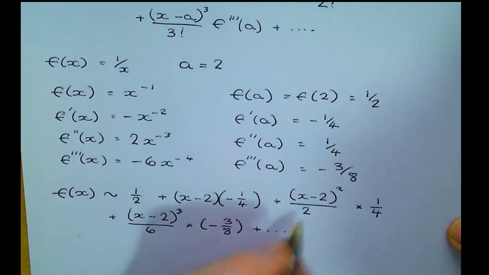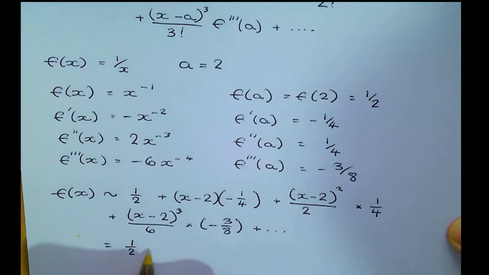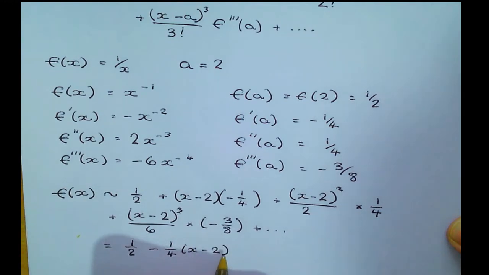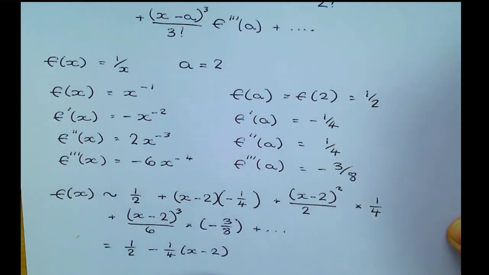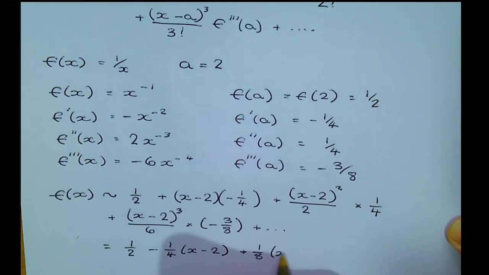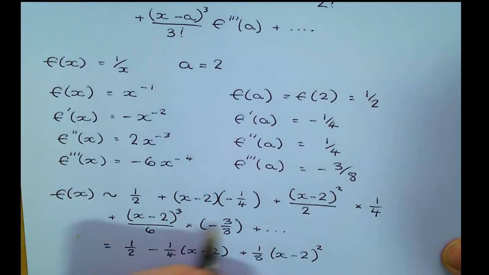Well, we can tidy it up a little bit. A half minus a quarter of x minus 2, plus an eighth x minus 2 all squared. 3 and 6 will partly cancel.